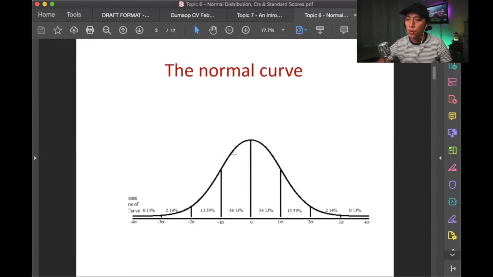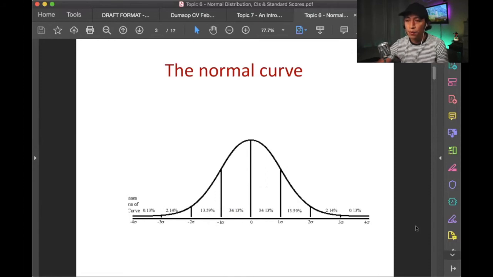We can imagine all of these as containing raw score values, numerical values. And we can see that there's a swelling in the middle to indicate that there are more values in this particular range, and fewer and fewer values here, and fewer values on the values below the mean.